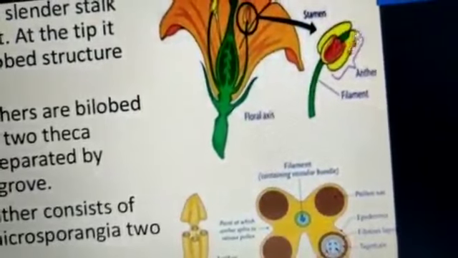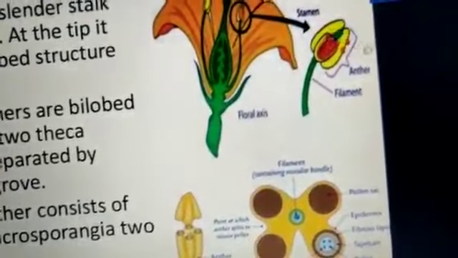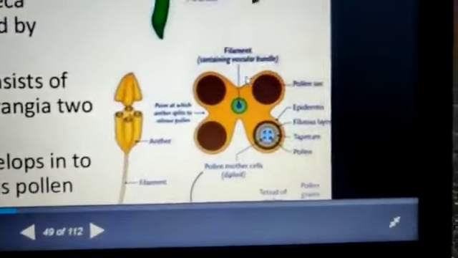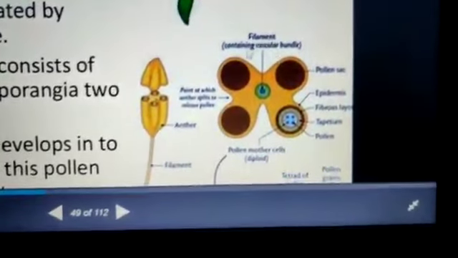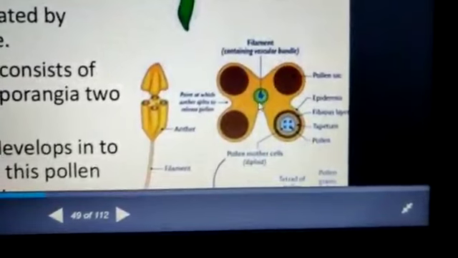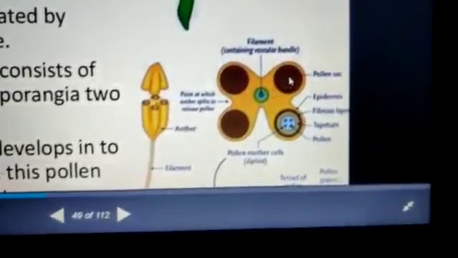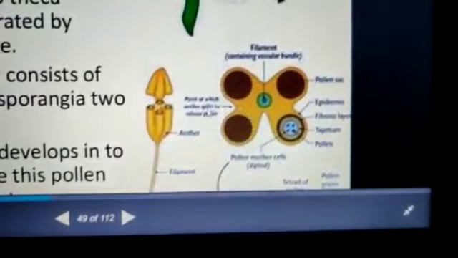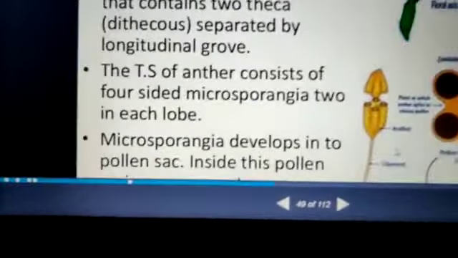This is one lobe and another lobe, both joined by the connective. This is the transverse section. In the center it contains a vascular bundle. Four microsporangia are there. We will study in more detail.